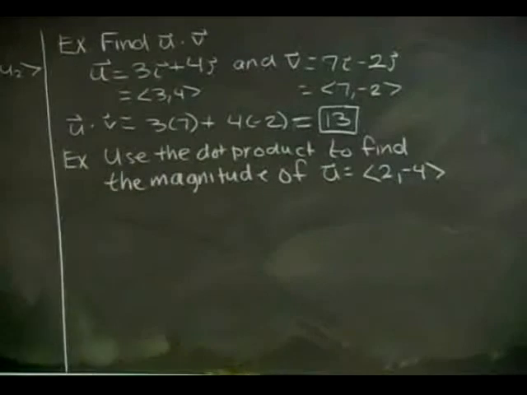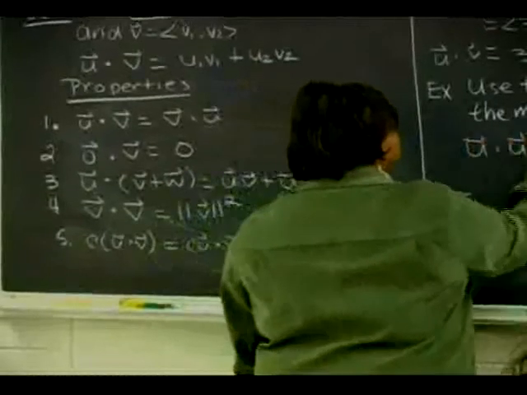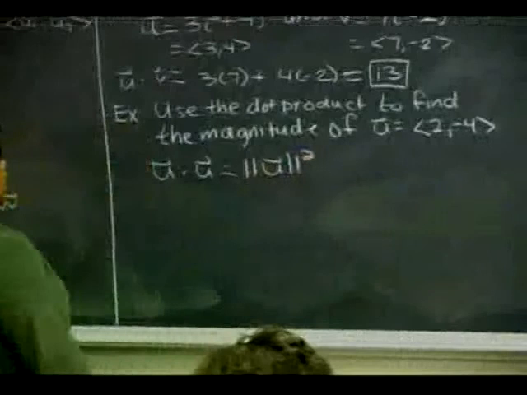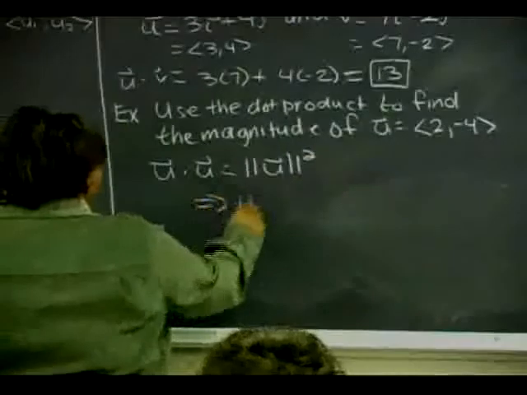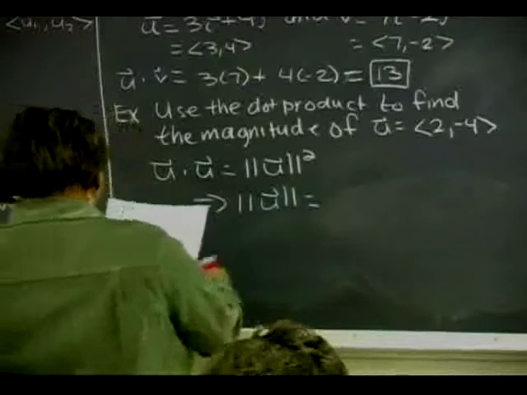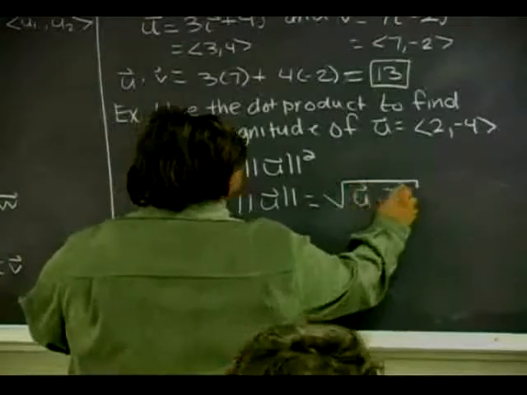So it says use the dot product to find the magnitude. So we have this property here where u dot u is the magnitude of u squared. Which means the magnitude of u is the square root of u dot u.